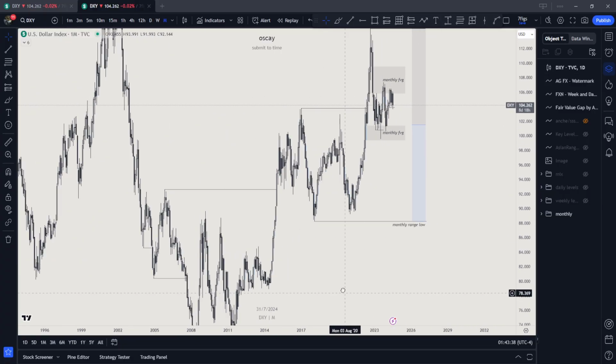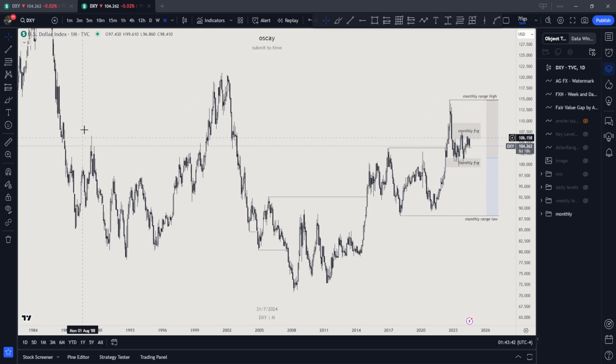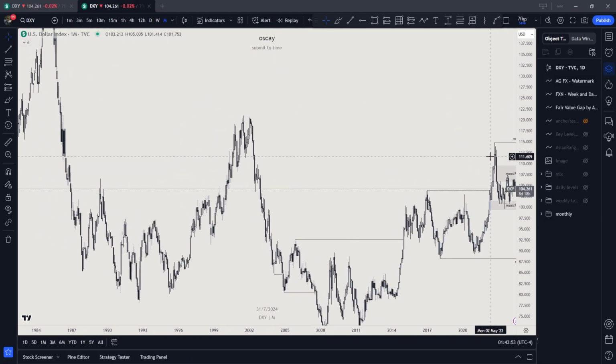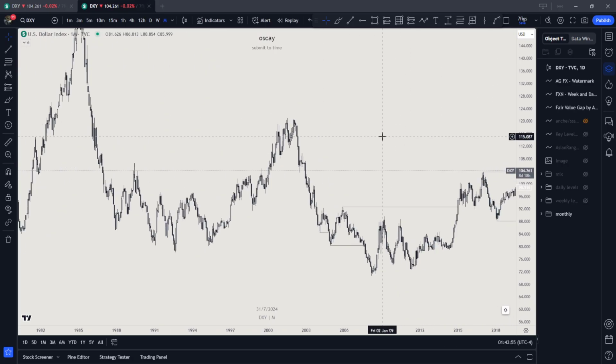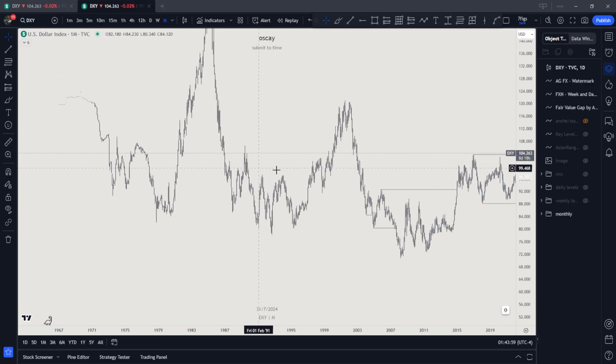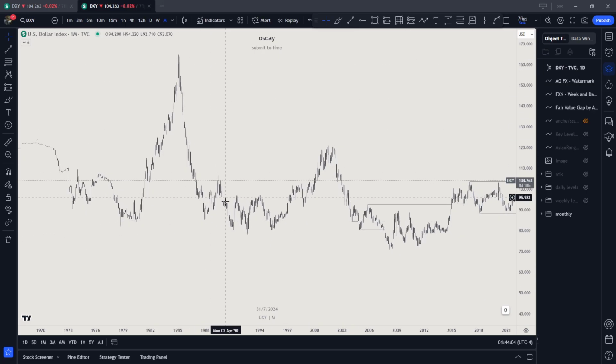Once you follow structure right here, this is how I see it: high, low, then we break this high, then this is the new high, this is the new low. Okay, maybe I did it a bit too quick and a bit incorrectly, so I'm going to do it with y'all. This is the high, this low, high, low.